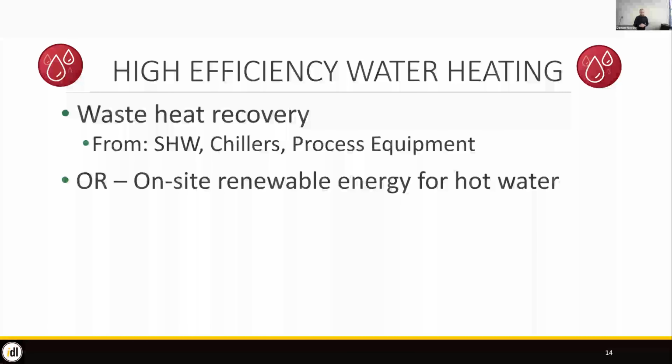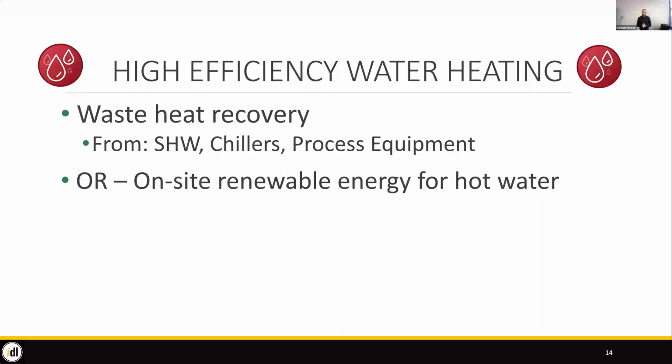The other efficiency option, this is 5 of 7, sorry, still have a couple more to go, is high efficiency water heating. So you can do waste heat recovery from your service hot water or some sort of heat recovery off of your chillers. There was that great presentation from that distinguished lecture a couple of months ago on chiller heat recovery.